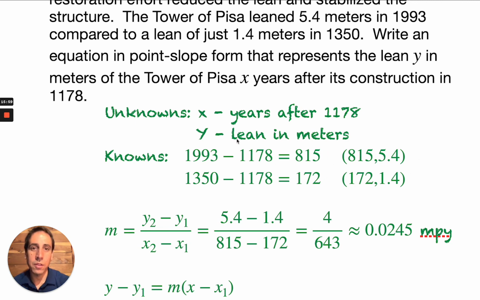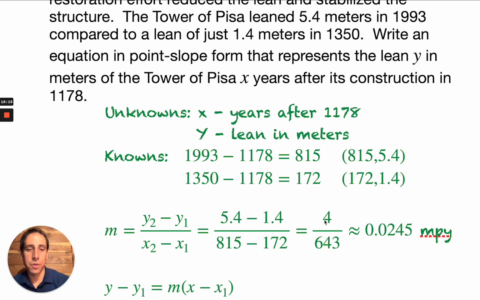We know that the lean in meters has got to go in the numerator. We know that the years has got to go in the denominator. Even though it'll give us a really, really small decimal, that's okay. We're expecting a very tiny meter per year answer.